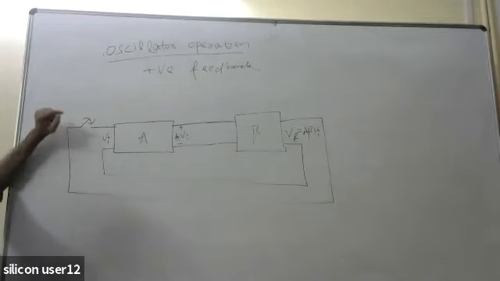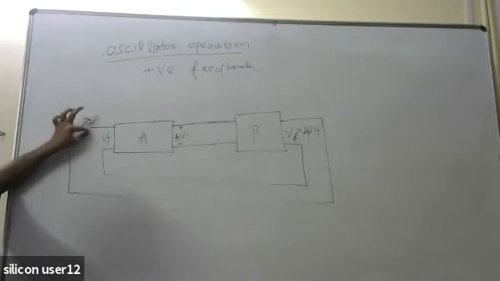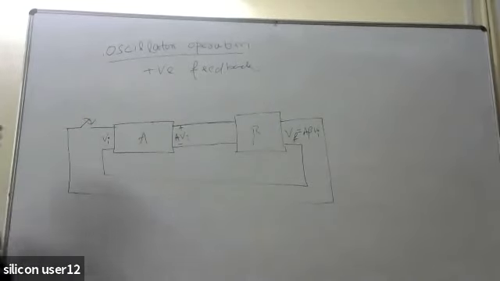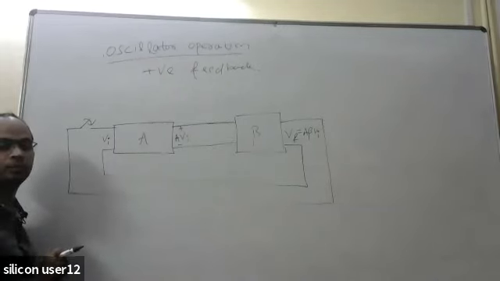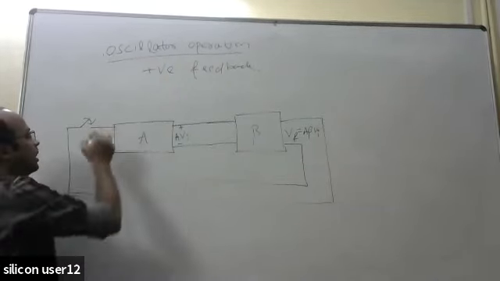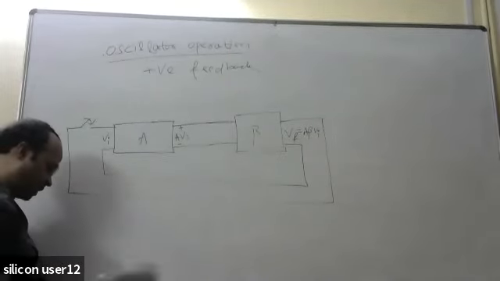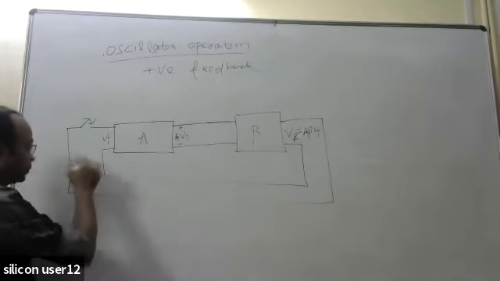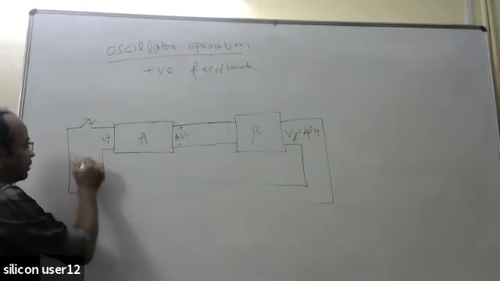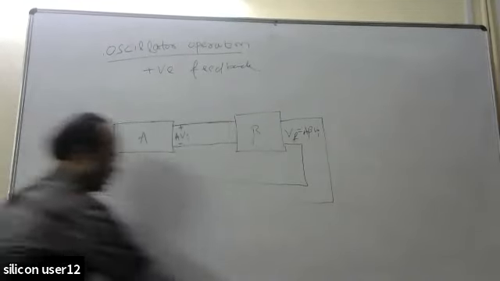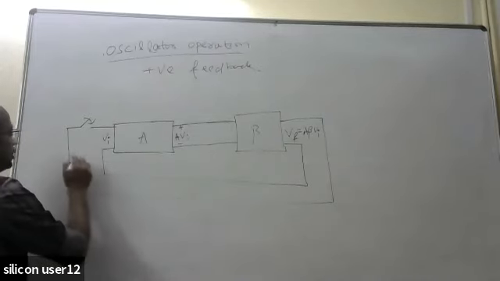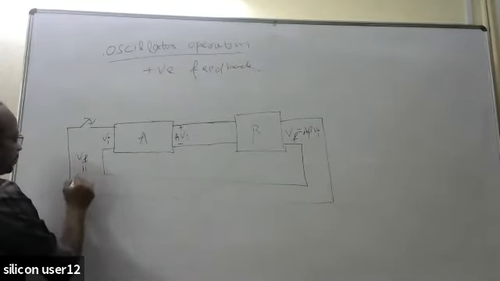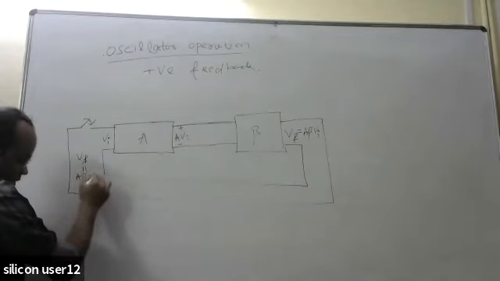Now if I close this switch, that Vf will be applied to the input of this amplifier. So this Vf, which is equal to A beta Vi.